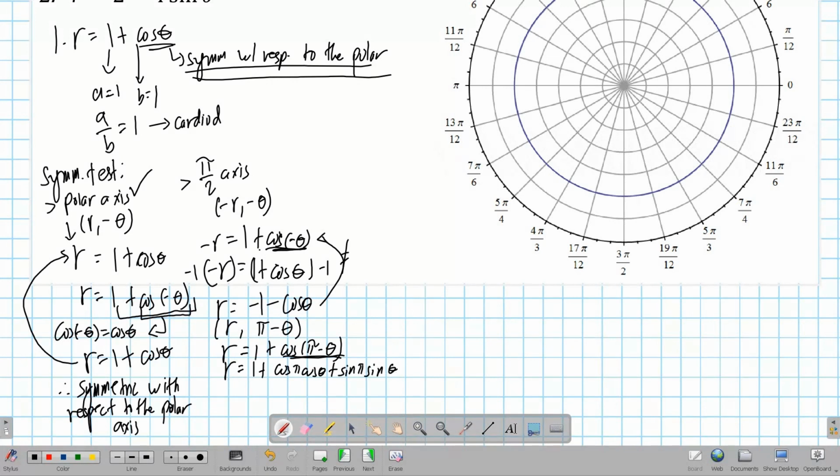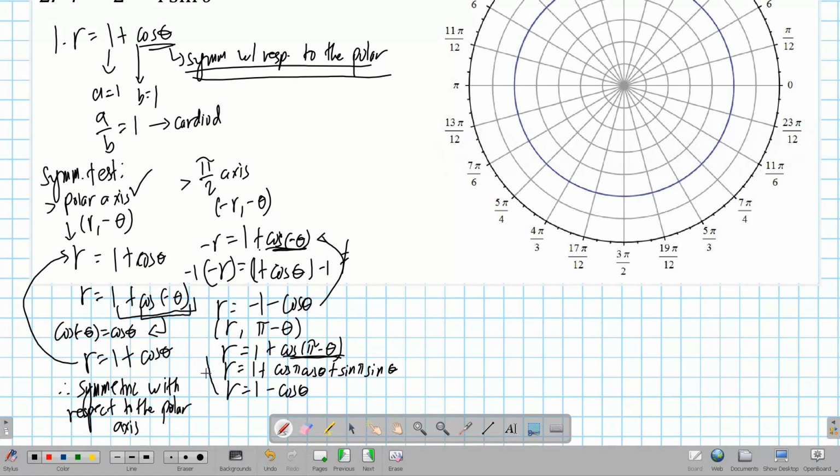Cosine pi is negative 1, so that's minus cosine theta. And sine pi is 0, so 0 times sine theta is 0, and we don't need to write that. So we get r is equal to 1 minus cosine theta, which is not the same as the original one.